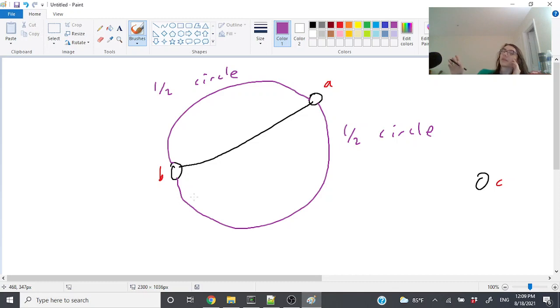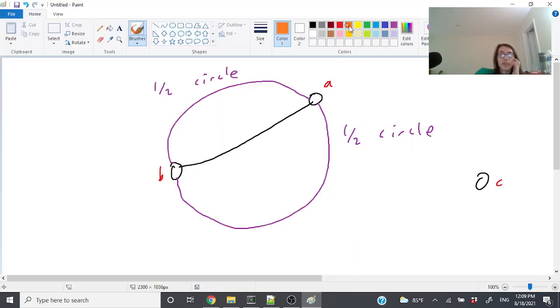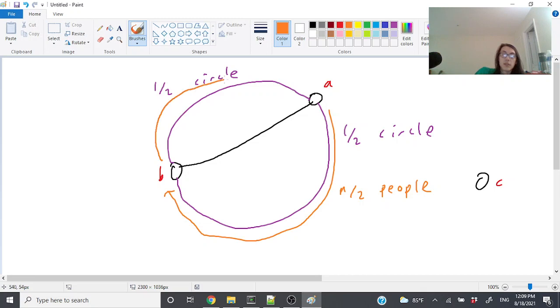It's like a diameter of the circle, which means that there are two halves on either side. So A and B are opposites. And what does this mean? It means that whatever n is, there are n over 2 seats, or n over 2 people, when you traverse this semicircle. And there are also n over 2 people when you traverse this semicircle. So A and B are n over 2 apart.